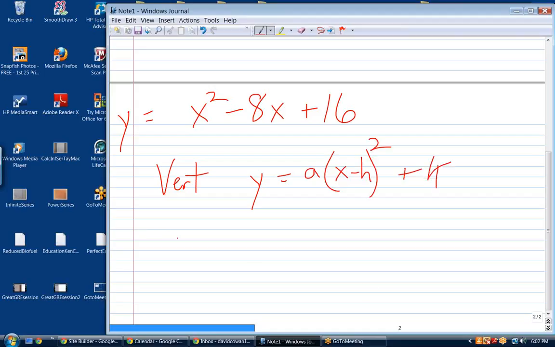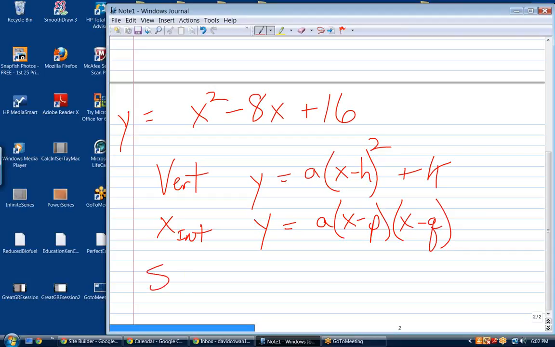There's vertex format. Here's x-intercept format, where P and Q are the x-intercepts. And standard format is what is used for the quadratic formula.